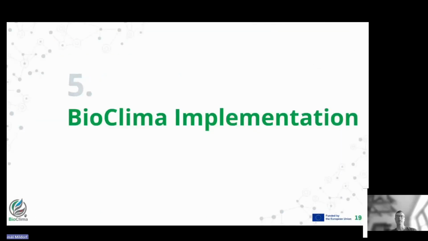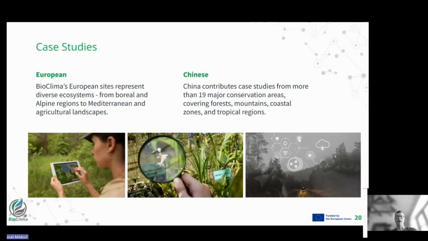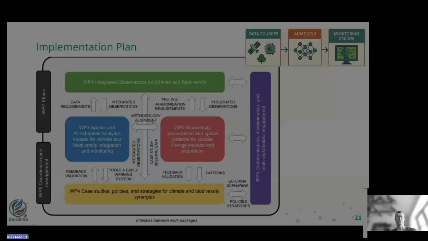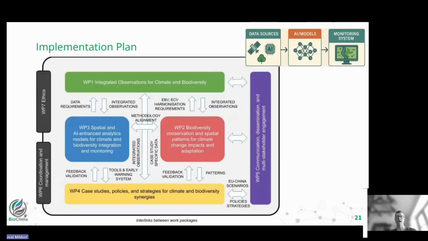Briefly about the implementation. We have multiple case studies on the European side. There are more than 19 on the Chinese side. More on that will be presented by you later on, so I will not get into details on that. Just an overview of all the work packages we have.